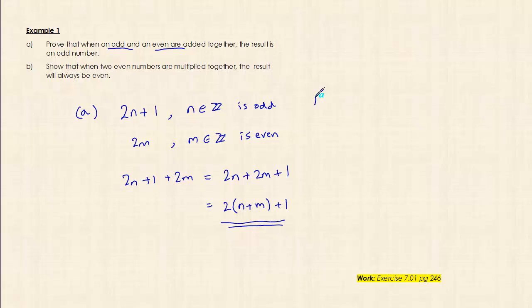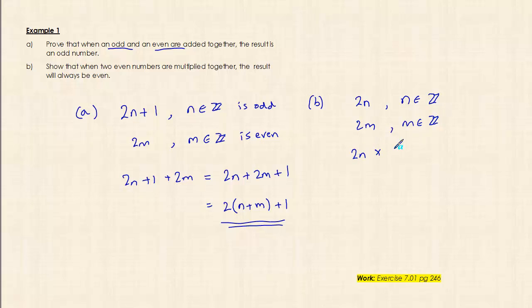Now in part B, we want to show that when two even numbers are multiplied together, the result will always be even. So, let's take 2n, where n is an integer, and 2m, where m is an integer.